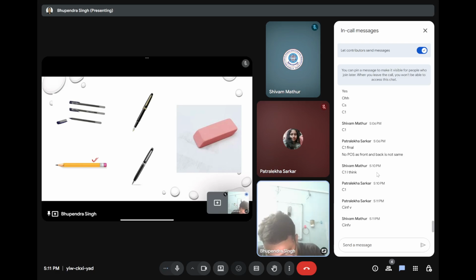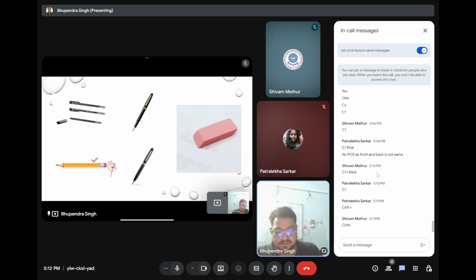What is this? This design also, what is this? Which means it is not cylindrical, fully rounded. So that is why it is not C infinite.